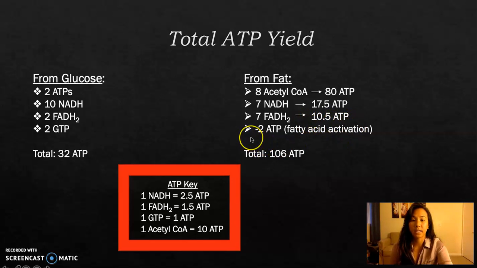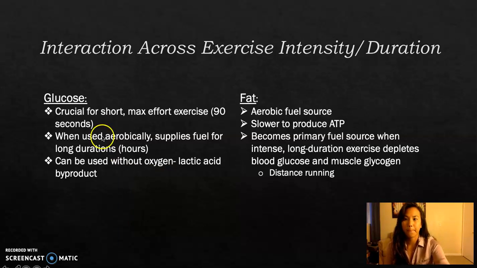And then at the beginning of the fat pathway, we did need that 2 ATP in order to activate the fatty acid. So at the end of the pathway from fat, we do have 106 ATP, which is quite significant compared to glucose.